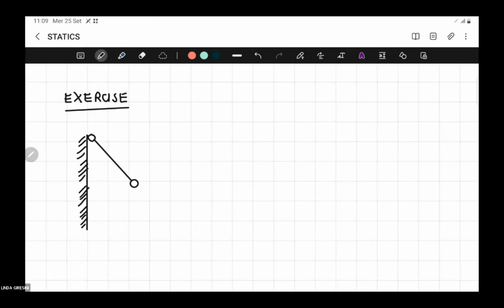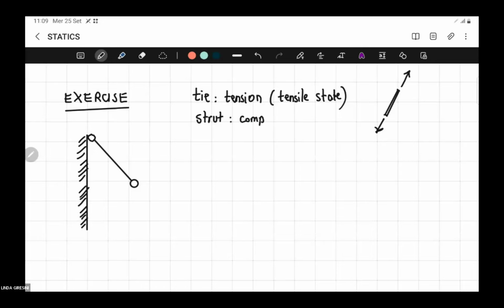So we will see them. Tie generally for an element which is in tensile state. So if this is the original element, it is subjected to tensile force, and the strut is generally in compression.